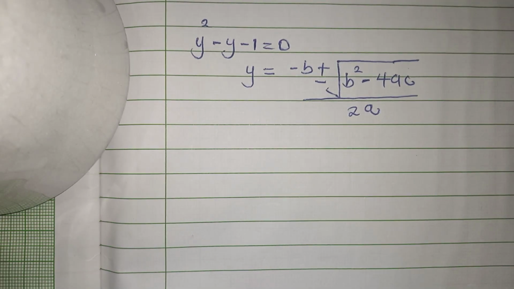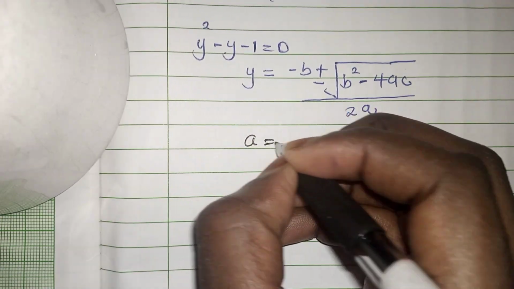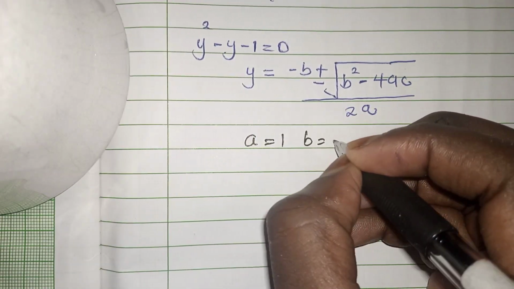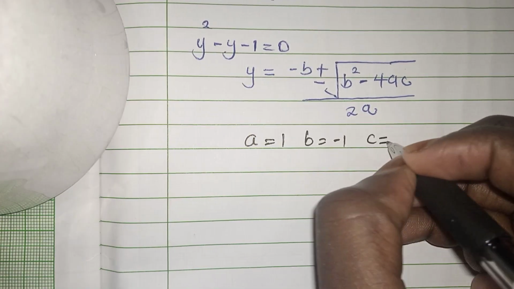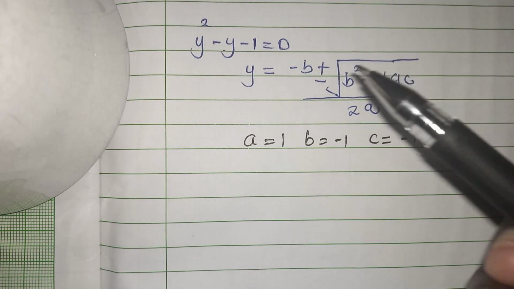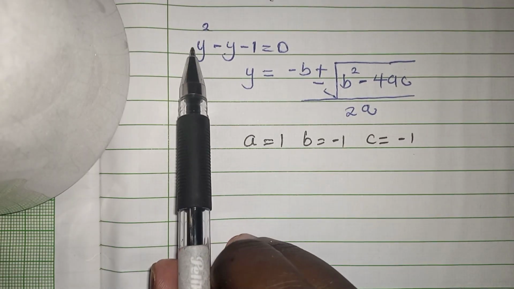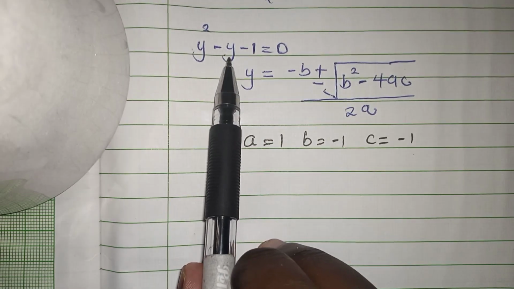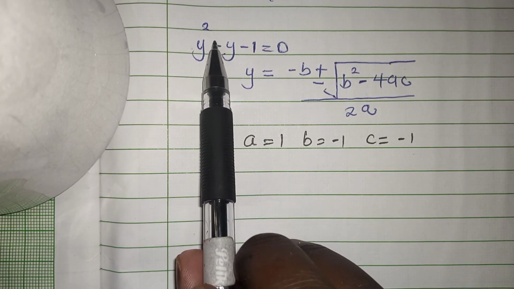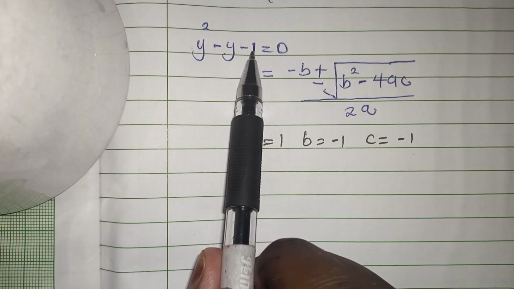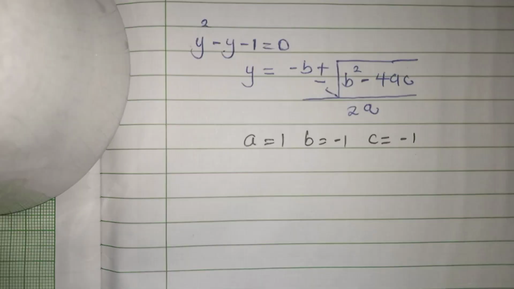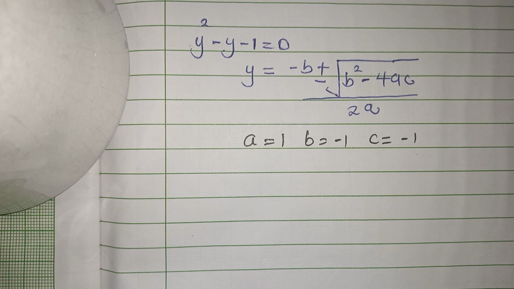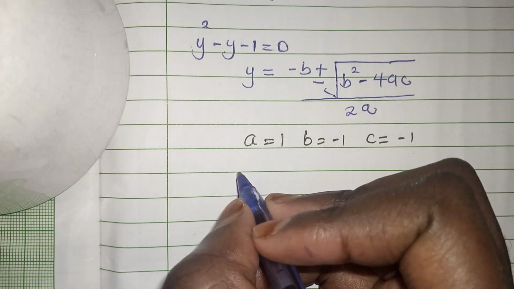So our a here is equals to 1, our b is equals to -1, and our c is equals to -1. Our a here is the coefficient of y squared, which is 1. Our b here is the coefficient of y, which is -1. Our c here is -1. Okay, so I want us to substitute these numbers in our quadratic formula.